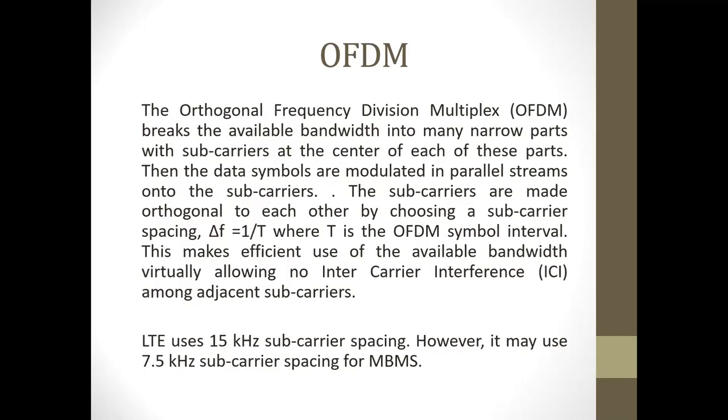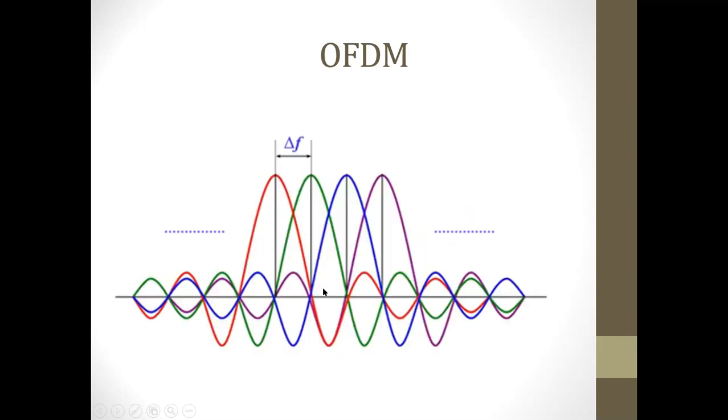But how do you make it? Well, there's some mathematical proof which shows that if you choose a subcarrier spacing, the spacing between two subcarriers, equal to the reciprocal of the symbol period, then what happens? You get things like this.